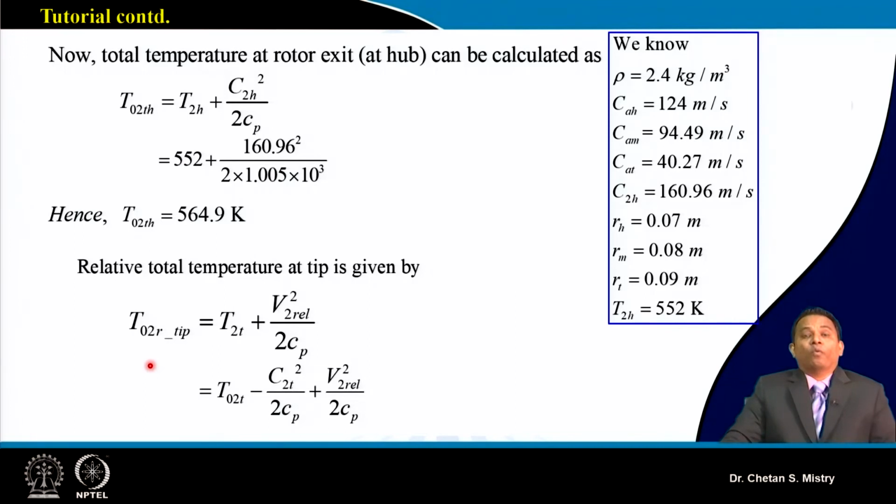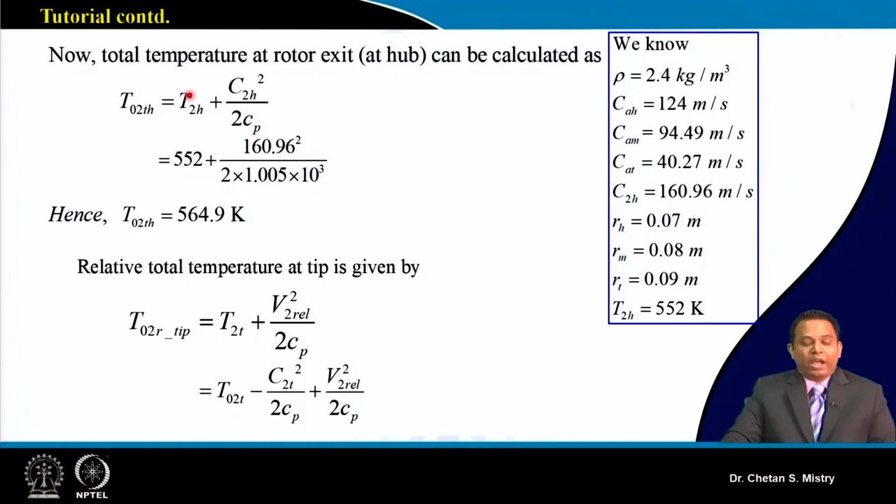Now we need to know the temperature in order to calculate our critical velocity ratio. At the hub we can straightaway write down T02 at the hub, which is given by the static pressure plus C2 square by 2Cp.